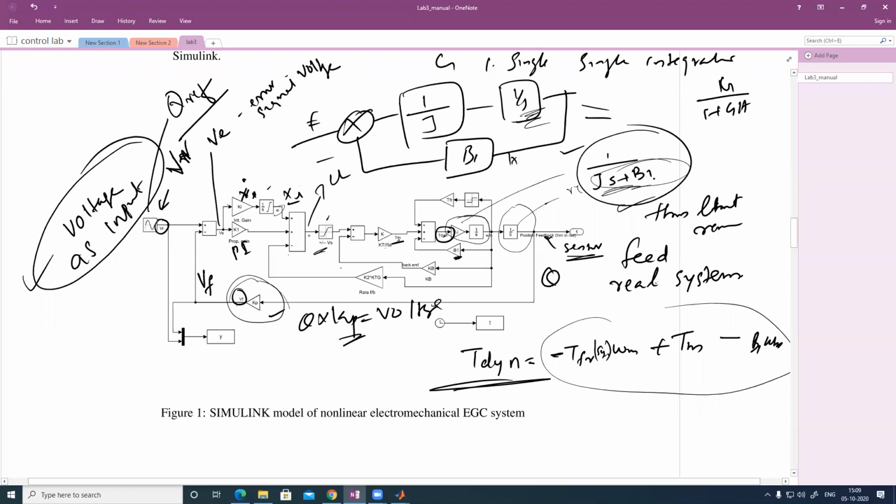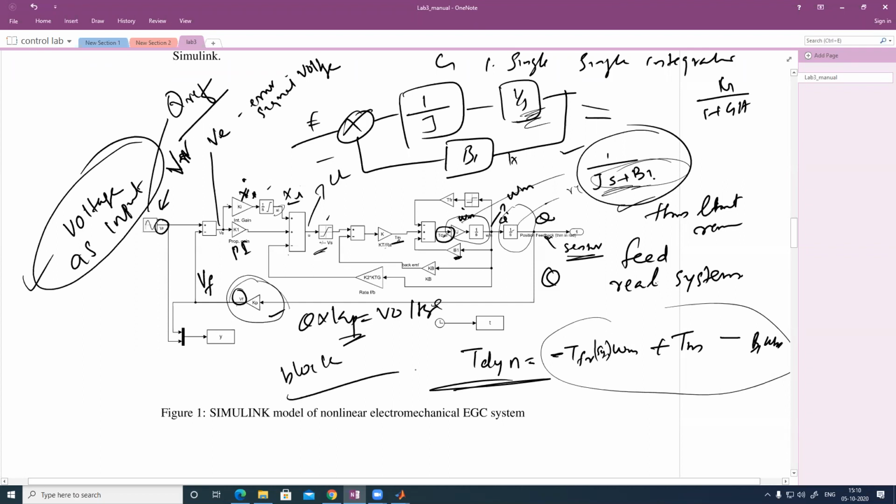And here KB, the rate feedback, is coming here, and here you are getting omega m. So here it will be omega m dot. And here it is theta, so here it will be theta dot, and theta dot and omega m are equal. So these are the names given in the block diagram.